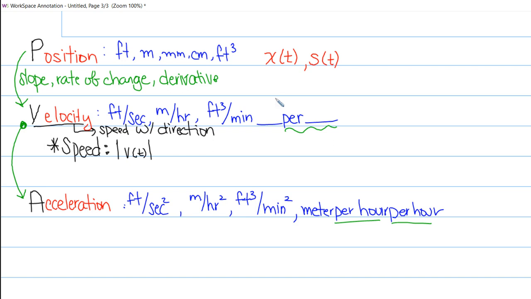Our velocity, as you can imagine, is expressed as v sub t, and our acceleration, a sub t. One takeaway is that in order for you to get from position to velocity, you have to take a look at the slope of that function.